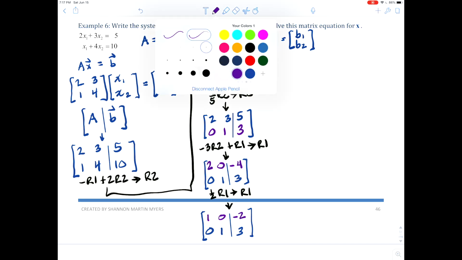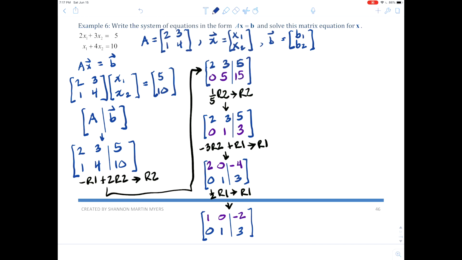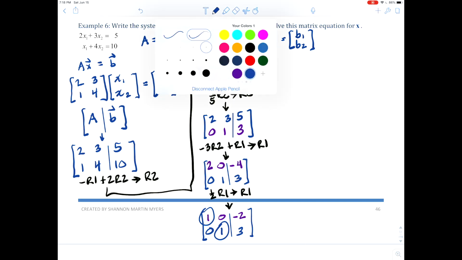So just a little bit of a reminder, these ones right here are called leading ones or pivots because we have this in reduced row echelon form. And so basically what that means is that your coefficient matrix is going to be a diagonal matrix with 1s as all of the diagonal entries. Cool, cool?